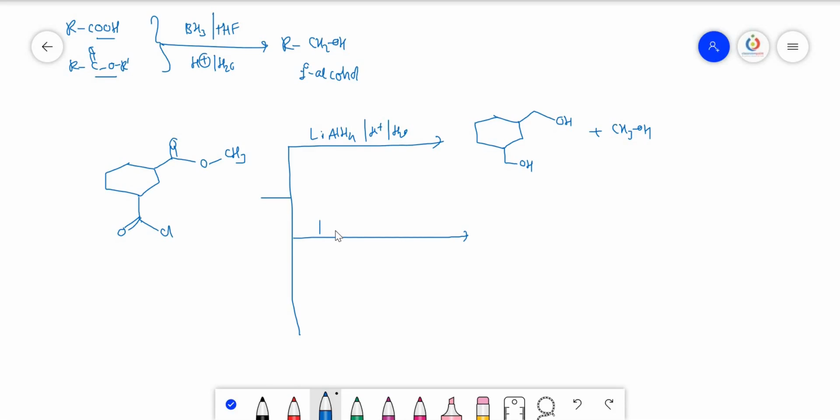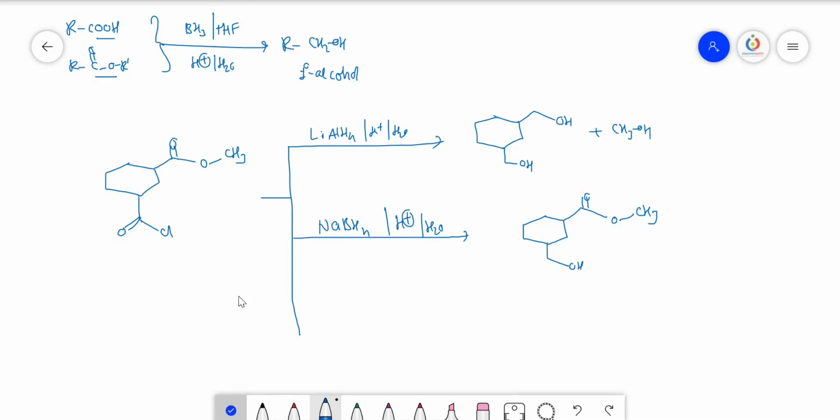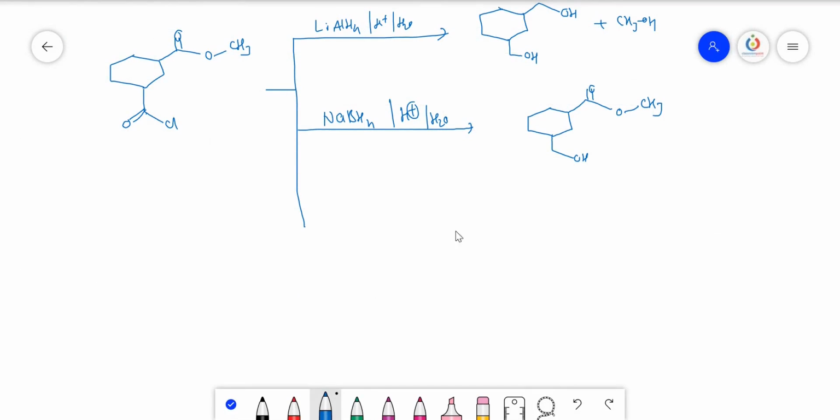And if you use the sodium borohydride, H plus and H2O, sodium borohydride reduces only acid chlorides to the alcohol and will not affect the ester. But if you use the B2H6 diborane, that means BH3 monomer THF, H plus and H2O, it reduces only this ester part, will not affect the acid halide.